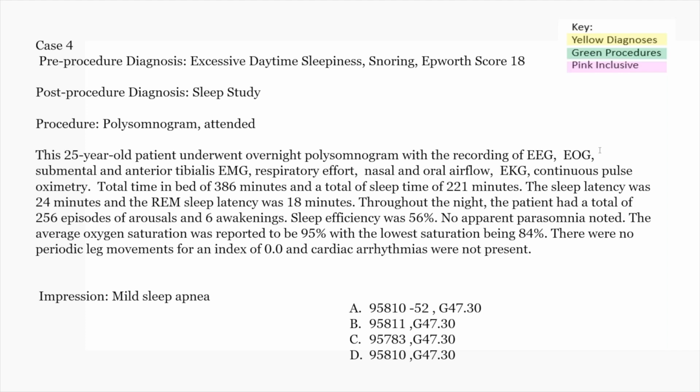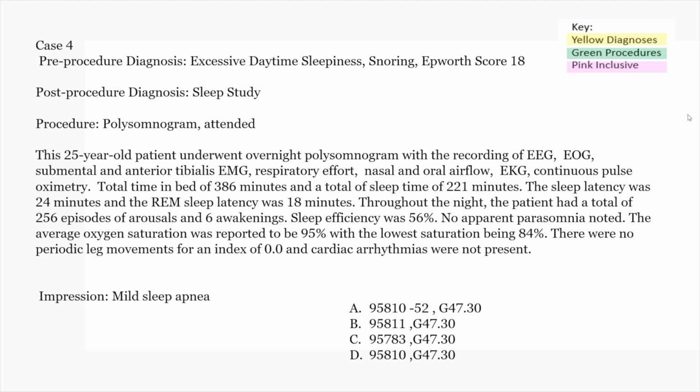Pre-procedure diagnosis: excessive daytime sleepiness, snoring, Epworth score 18. Post-procedure diagnosis: sleep study. Procedure: polysomnogram, attended. This 25-year-old patient underwent overnight polysomnogram with the recording of EEG, EOG, submental and anterior tibialis EMG, respiratory effort, nasal and oral airflow, EKG, continuous pulse oximetry.